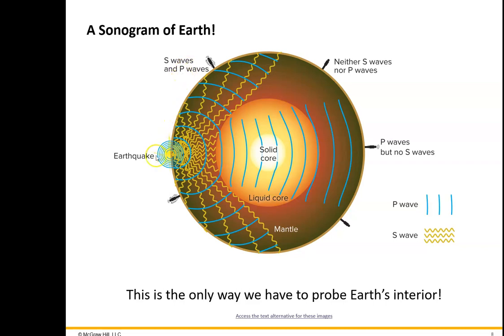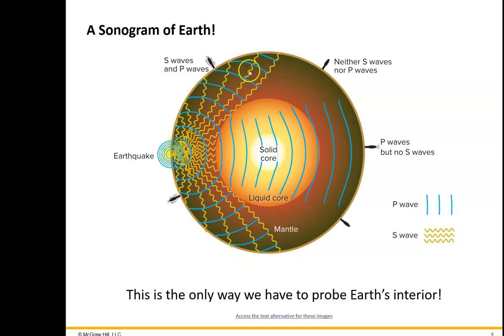Let's say that there's an earthquake that goes off right here on the planet Earth. That earthquake creates very powerful S and P waves. Now we have detectors. I guess they're people, or they kind of look like people, but they're detectors all over the planet.